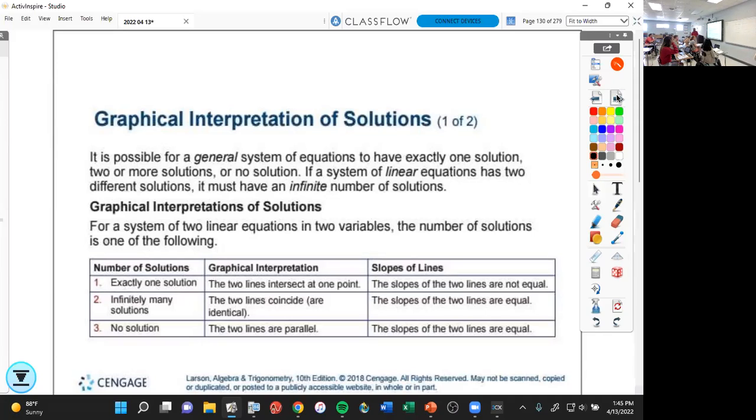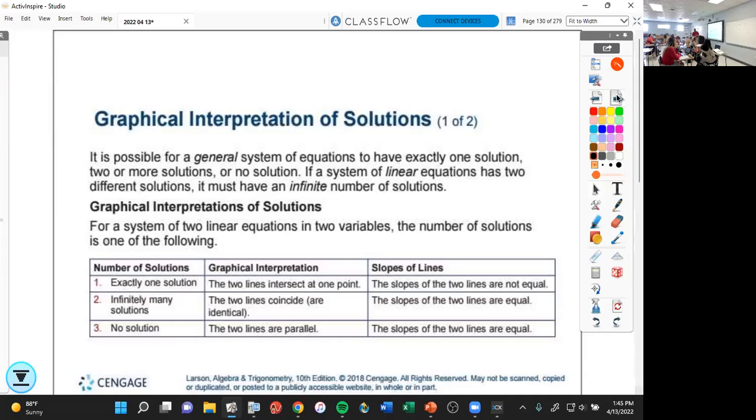You cannot have 2 lines touch twice, because one line would have to be bent, and it's not a line anymore. 2 straight lines can only touch not at all, once, or infinitely many times. So if a system of linear equations has 2 different solutions, it must have an infinite number of solutions.